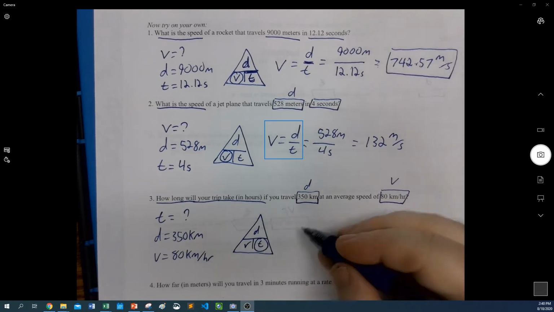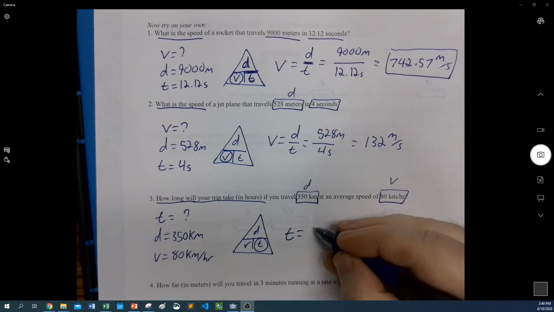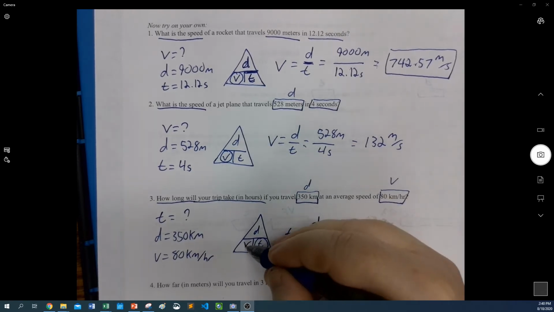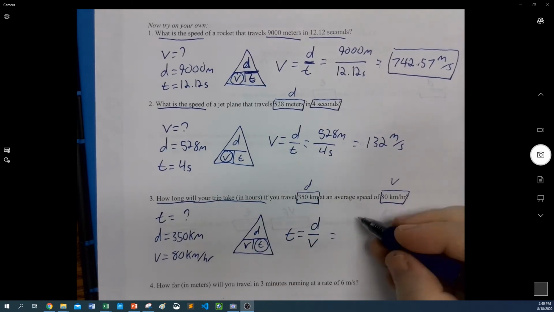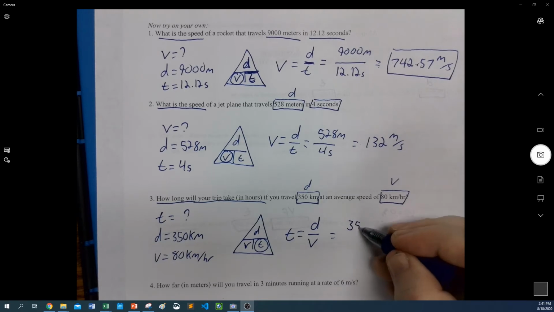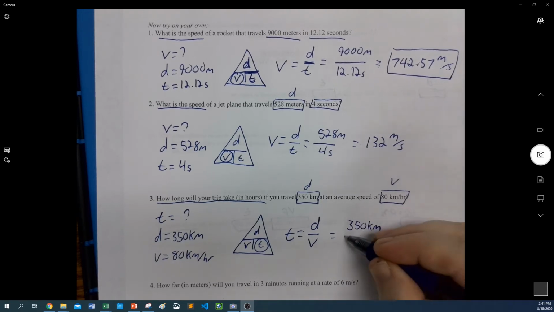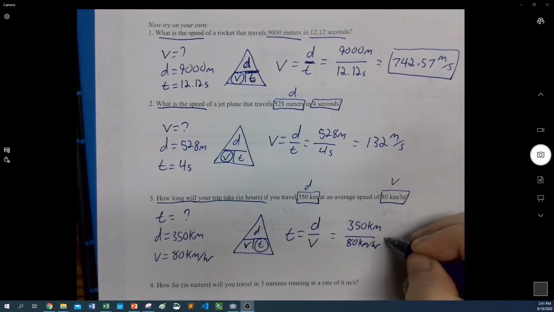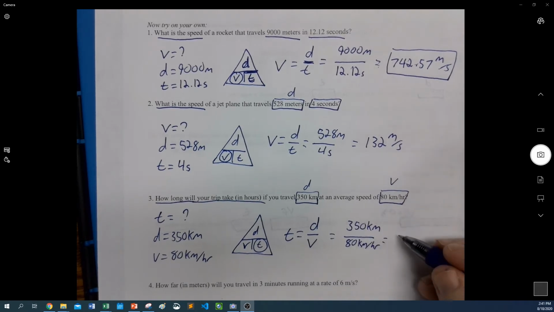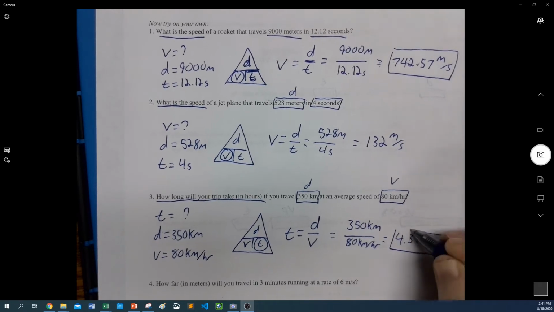So we're solving for time. Time is equal to distance divided by velocity. So that would be 350 kilometers per 80 kilometers per hour. And that gives you 4.375 hours.